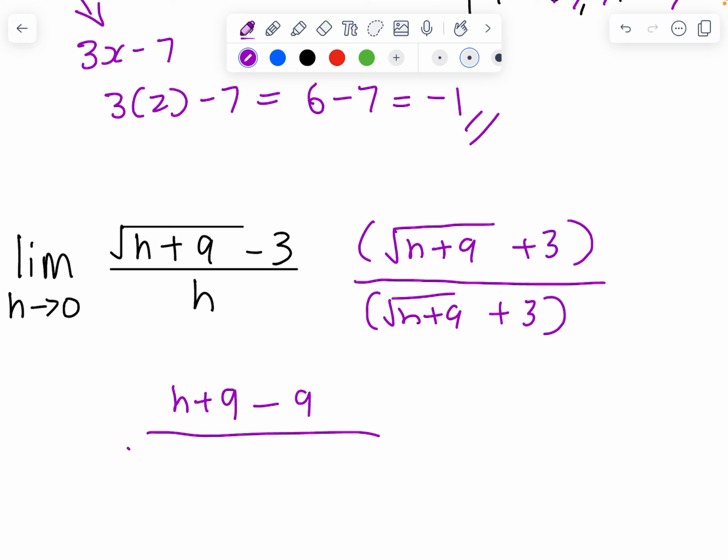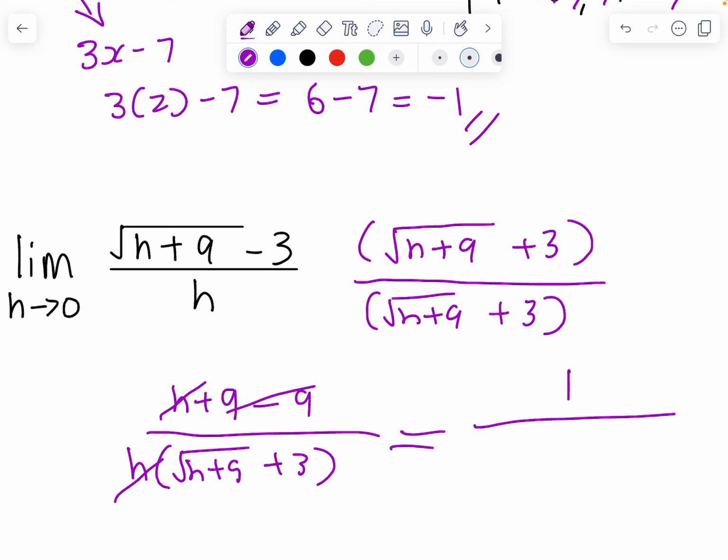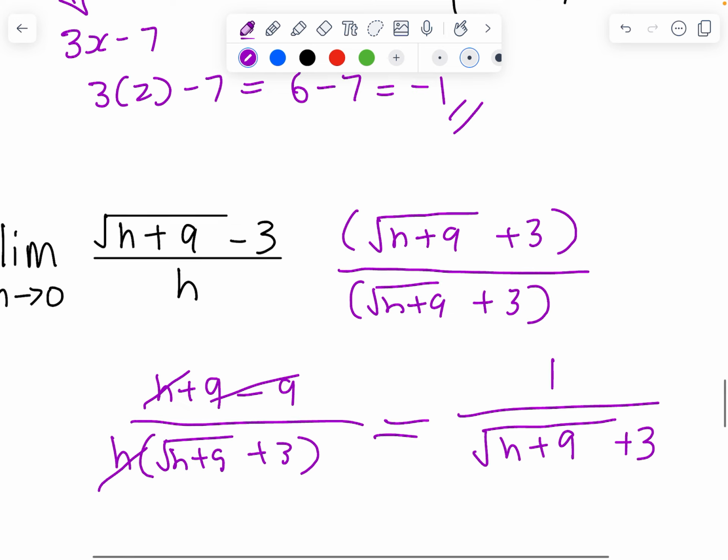Now we want to just put everything in the denominator without expanding it. We want to cancel out the 9 here, so we just get h. And again, we have h and h here, so we can cancel that again, and we get square root of h plus 9 plus 3.